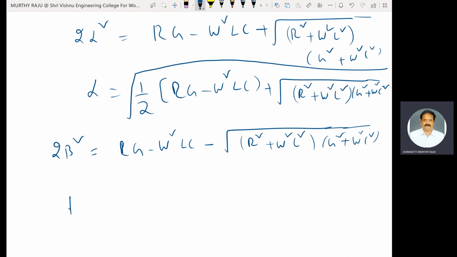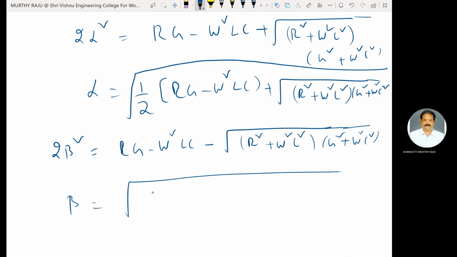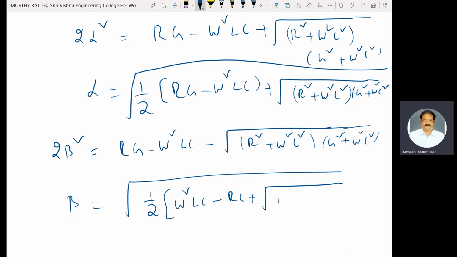Therefore, beta is equal to square root of 1 by 2 of omega square LC minus RG plus square root of (R square plus omega square L square) into (G square plus omega square C square).